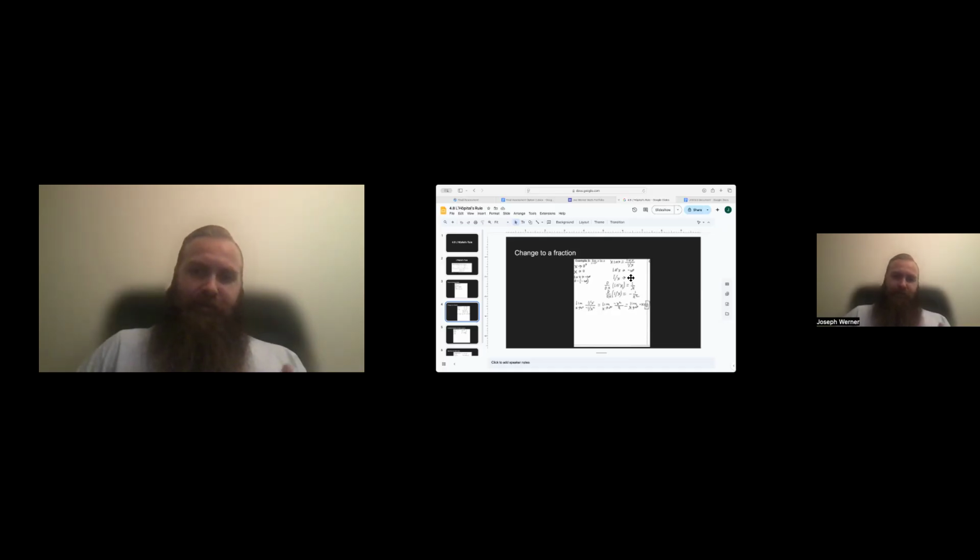So that officially means we can use L'Hopital's rule. The derivative of our numerator is 1 over x, and the derivative of our denominator ends up being negative 1 over x squared.